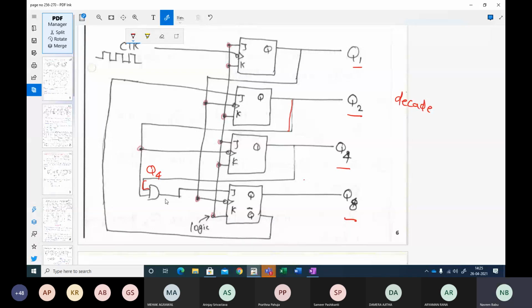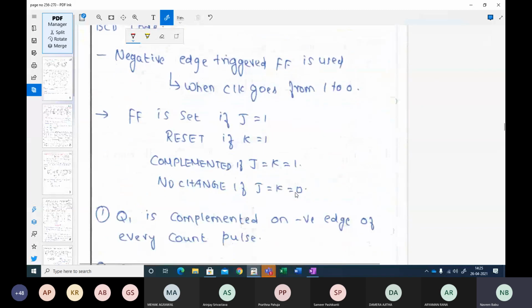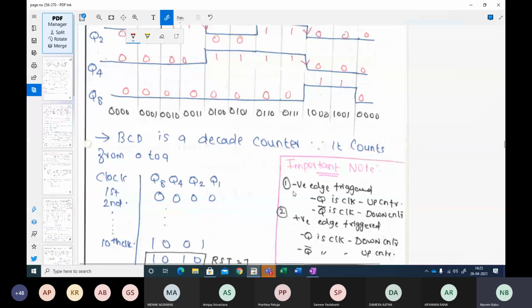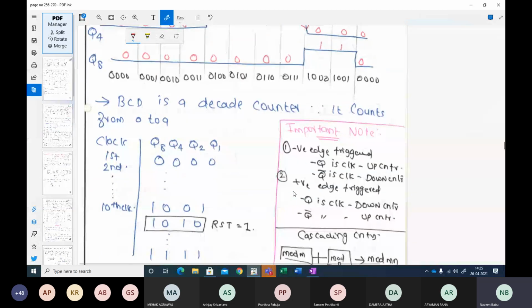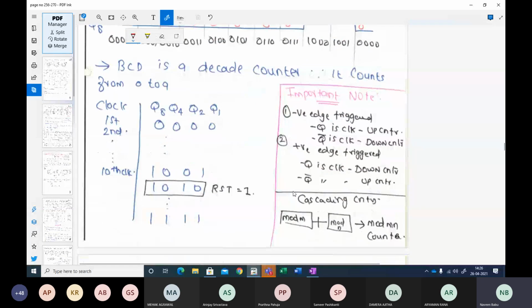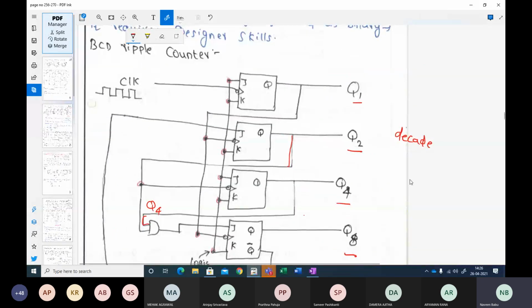No, we are giving this to our J. There seems to be some mistake here. Yeah, I think the logic is right. Yeah, I think this particular circuit has a mistake here.